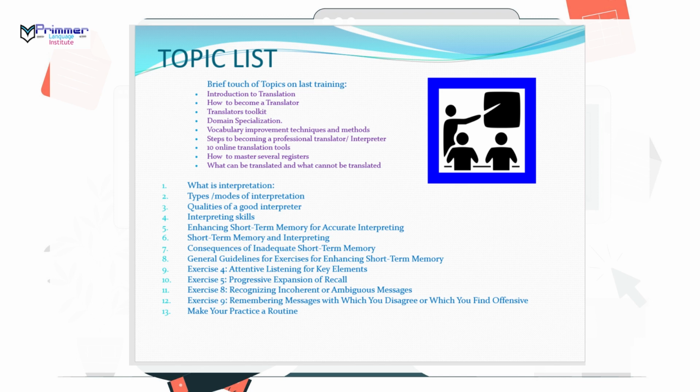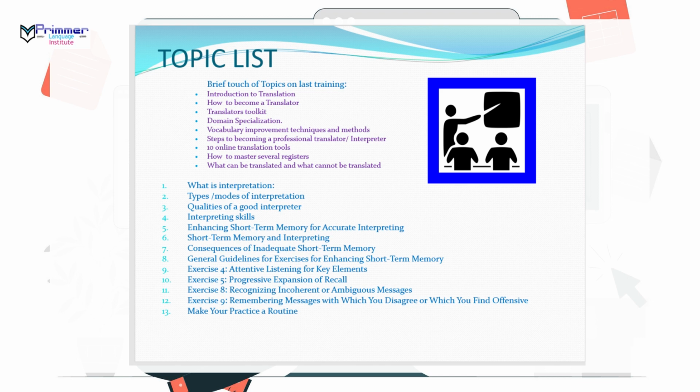And you have attentive listening for key elements. You have progressive expansion of recall, recognizing incoherent or ambiguous messages, remembering messages with which you disagree or which you will find offensive. And the last one, make your practice a routine. So that is 13 topics in total that we'll be touching.